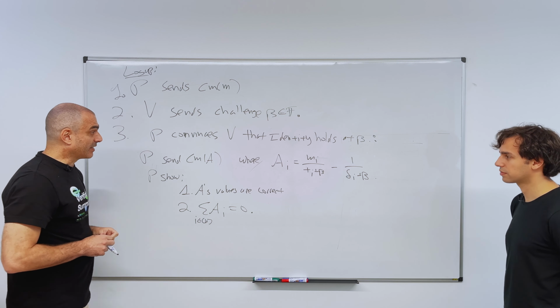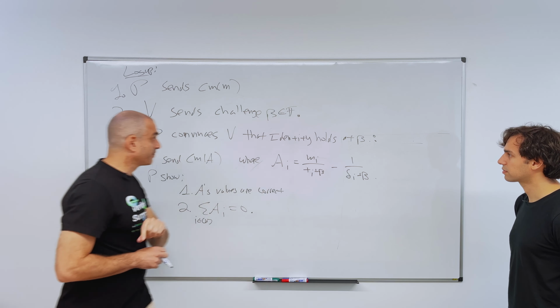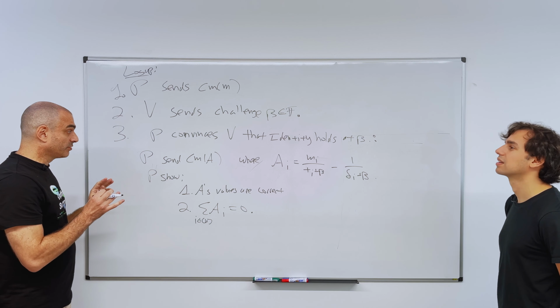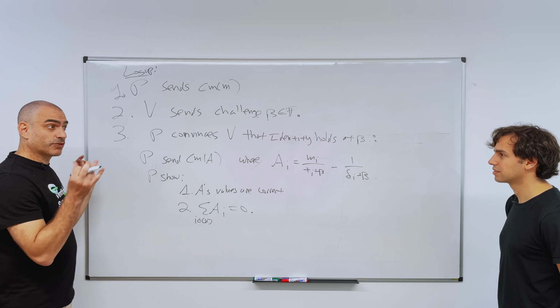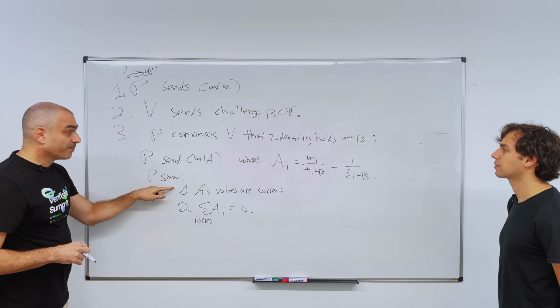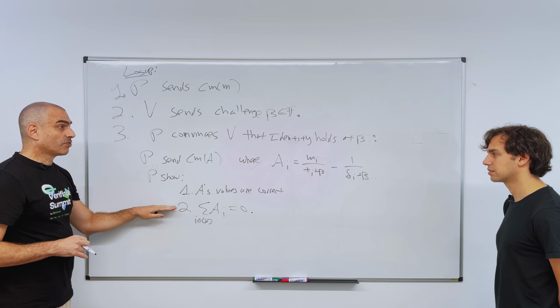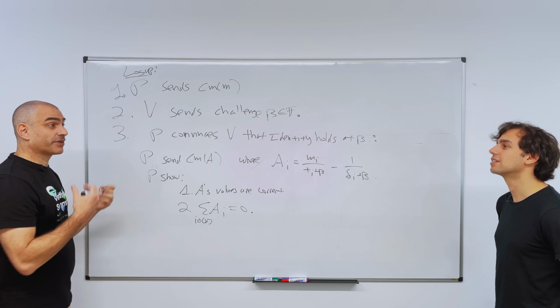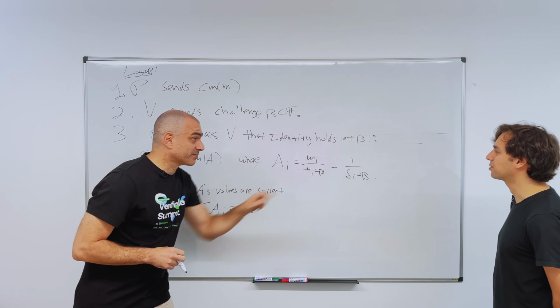And since beta was chosen after P committed to m, if the lookup condition does not hold, then with very high probability, it won't hold at beta. So these two are sufficient to prove F is contained in the table. With very high probability over beta, yes. Cool.